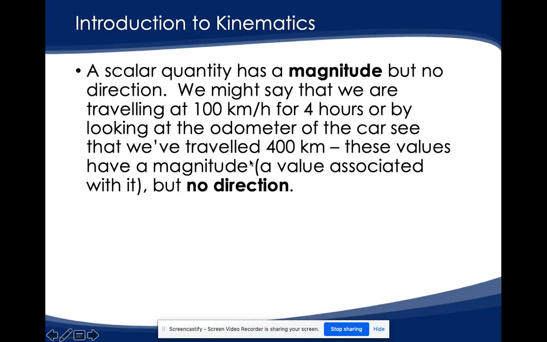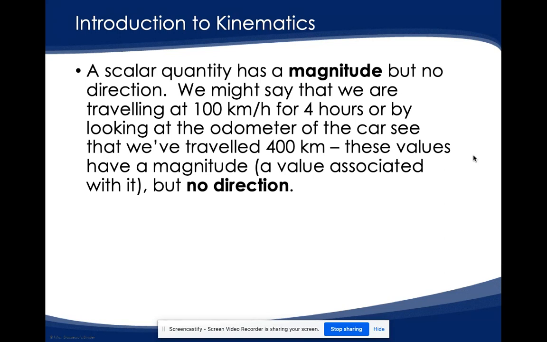Other scalar quantities could be just like a measurement. You could say your acceleration was 5 miles per hour. Well, that doesn't tell you anything. That doesn't tell you if you were decelerating or accelerating. It doesn't tell you if you were going left or right, north or south.